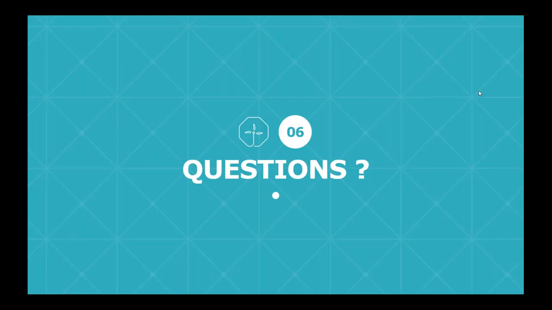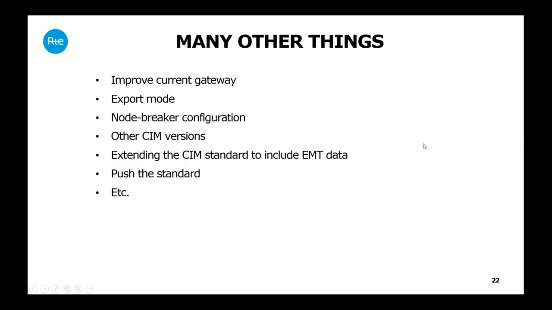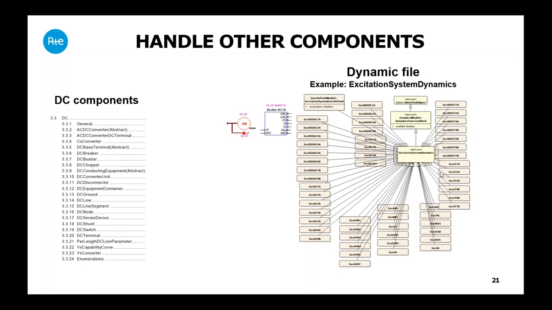Okay. And what about the control models or control system models? Yes, so for control models, they added a dynamic file in the new CIM standard, and we have the standard controller.